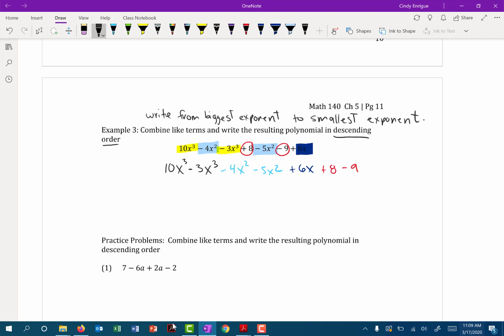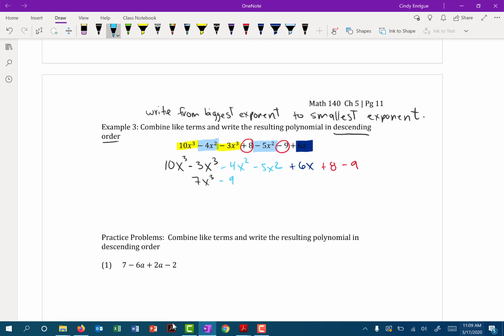So when I combine like terms, I'm going to have 10 minus 3, which is going to give me a 7x cubed. Now I'm going to have a negative 4 minus 5, and that's going to give me a negative 9x squared. And I have my 6x that didn't combine with anything. Let me just change the color here to keep it constant.